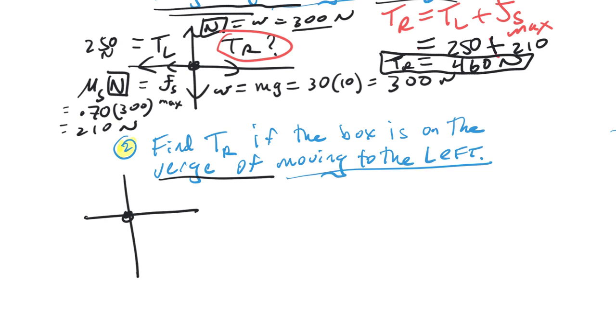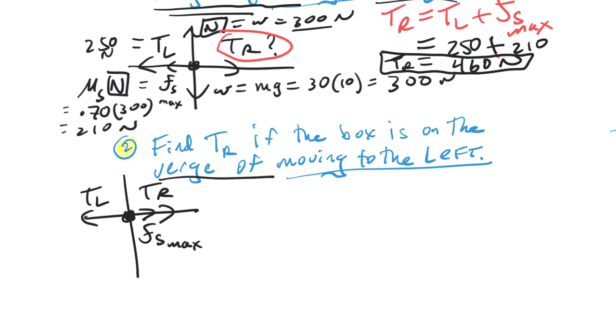So we still got TL, we still got TR, but because it's on the verge of moving to the left, there's the maximum static friction pointing the opposite direction of which it would slide. So the static friction is pointing to the right.